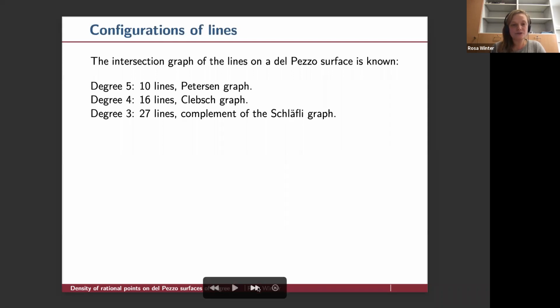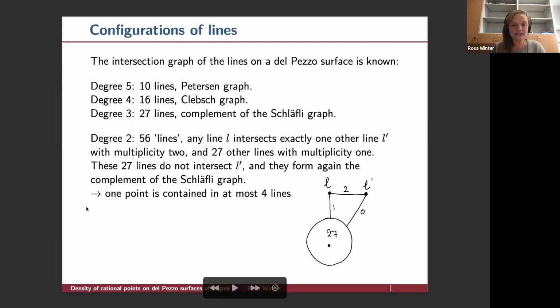And for a Del Pezzo surface of degree 2, we can still reason what this graph should look like. So we have 56 lines, and I say lines in quotation marks because they are not really lines under the embedding, they're exceptional curves. Any of these lines intersects exactly one other line with multiplicity 2 and 27 other lines with multiplicity 1.